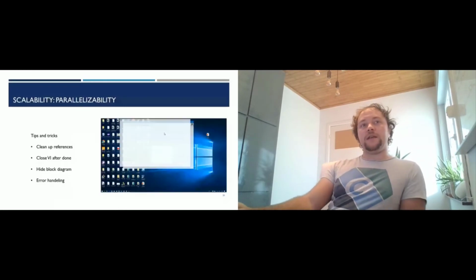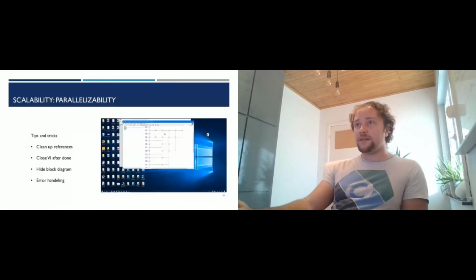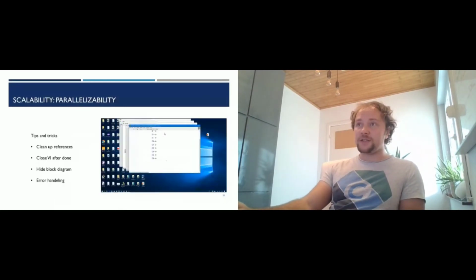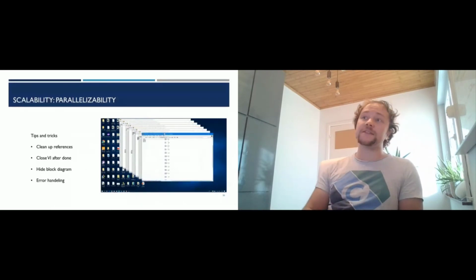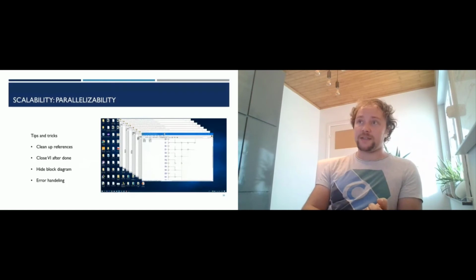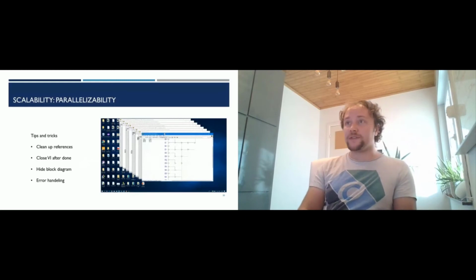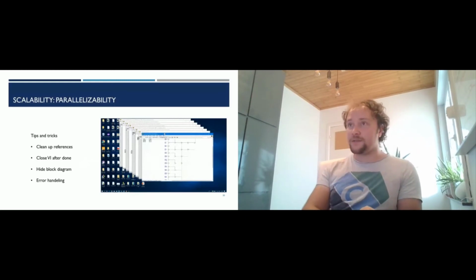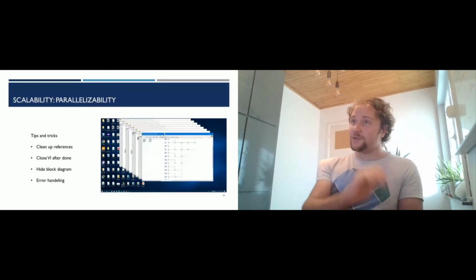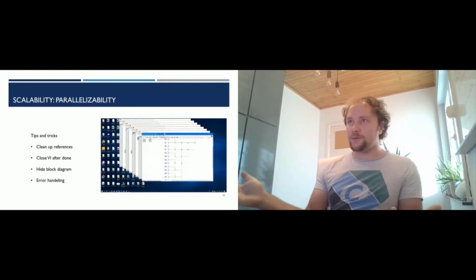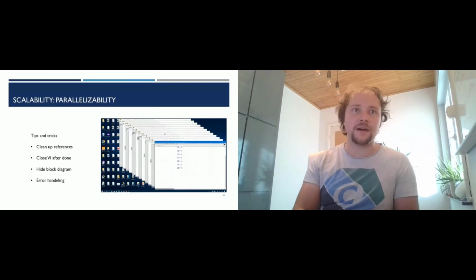Tips and tricks: clean up references when you're done. I know there was a presentation on not doing that, except in certain cases. This is one of those cases. You will see your memory spike quite quickly if you forget to do that. Close your VI after you're done. I'm going to maximize that video in just a moment. I didn't do it in there just to show you, otherwise it would be just a boring photo of my desktop.